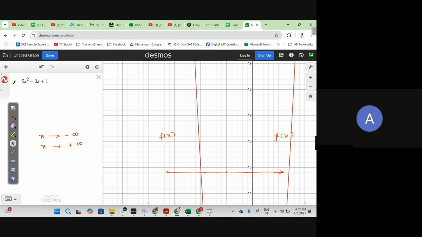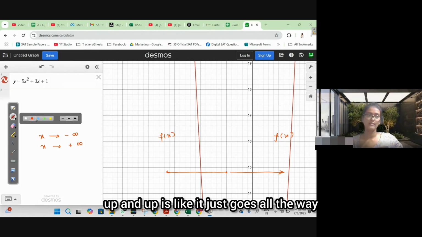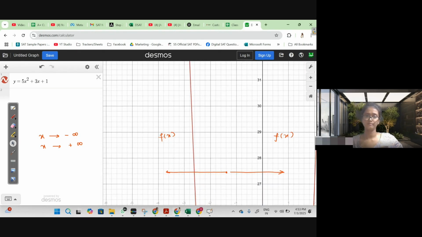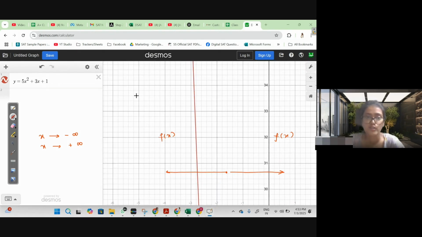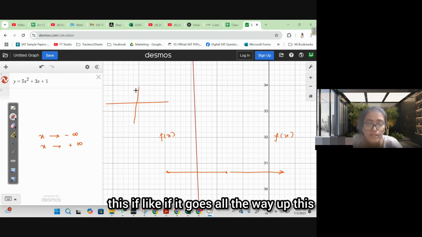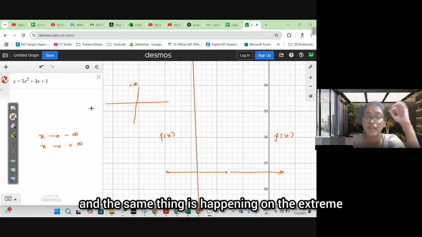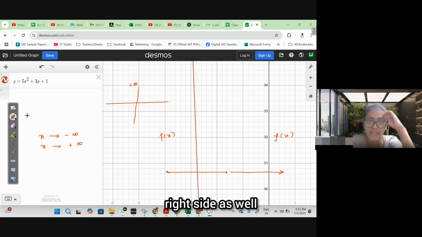Up. And up is like it just goes all the way up. It has no bounds. If it goes all the way up, that means it is approaching positive infinity. And the same thing is happening on the extreme right side as well.